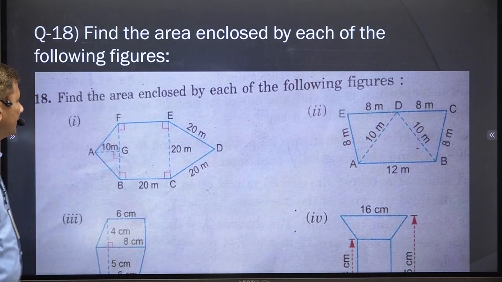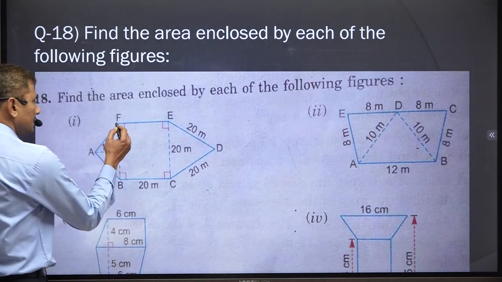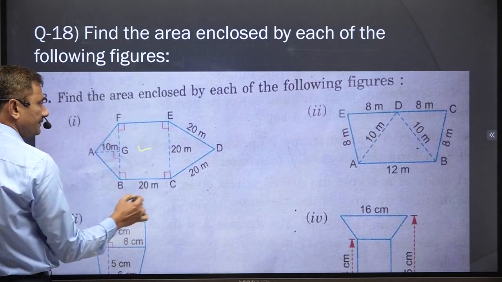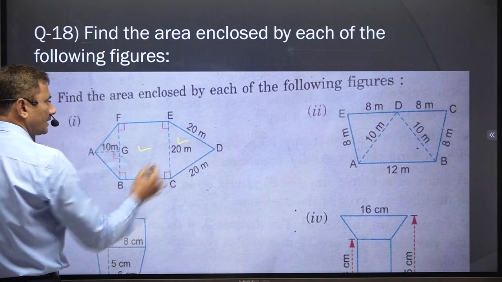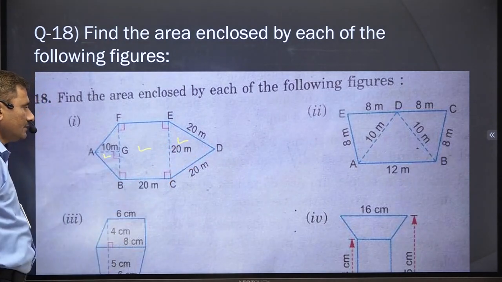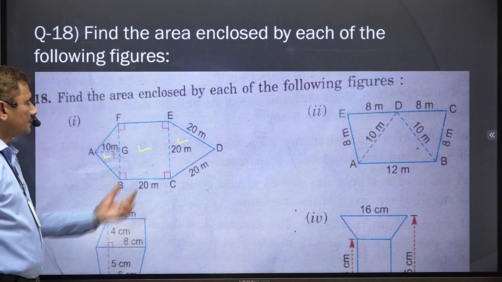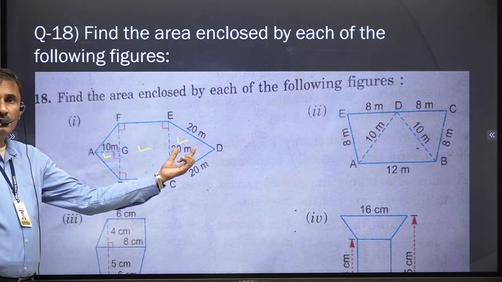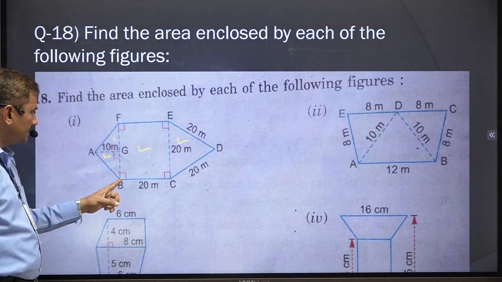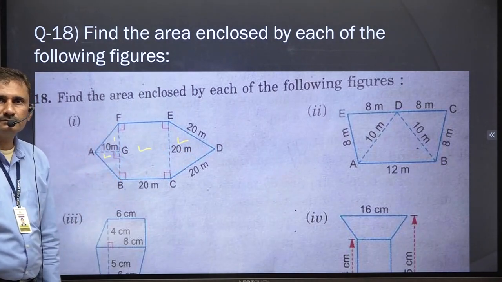Now they have divided it into many parts. Here you got a square, then here an equilateral triangle, and here any other triangle. It is not a particular type. So square, equilateral triangle, and this is the any triangle in which base is given and altitude is also given.